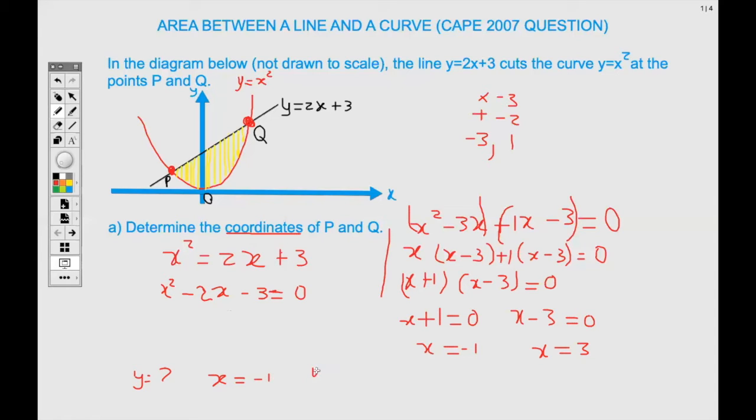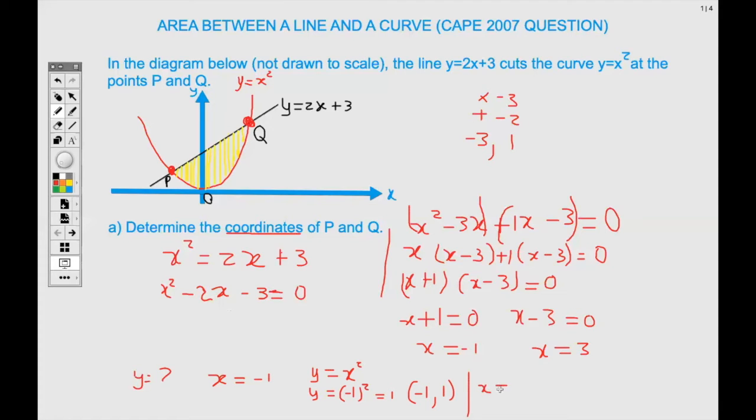So substituting into the function y equal x squared, replace x with -1. Now I like to use brackets because sometimes students forget that it is the negative sign is being squared also, so it becomes +1. So the first set of coordinates is -1 and 1.